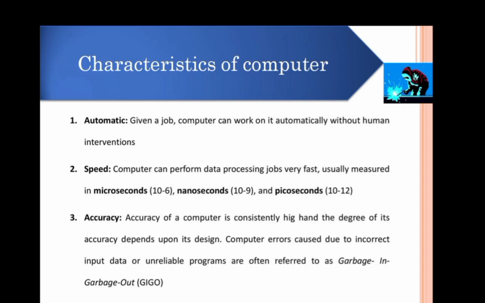Whatever data is given to the computer by the user, the computer can work only on that. If the input is correct, then the accuracy rate is 100% correct. If the input given by the user is in an incorrect format, then automatically the accuracy rate will decrease to 0%, and it follows the principle called GIGO, that is garbage in, garbage out.